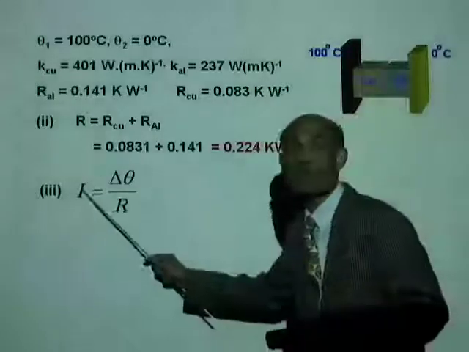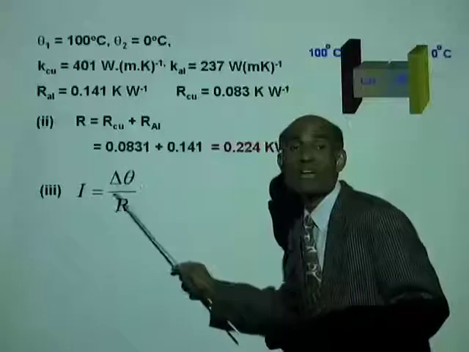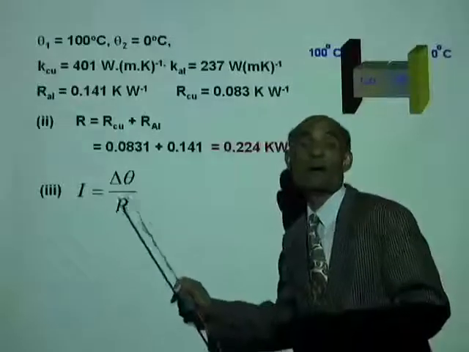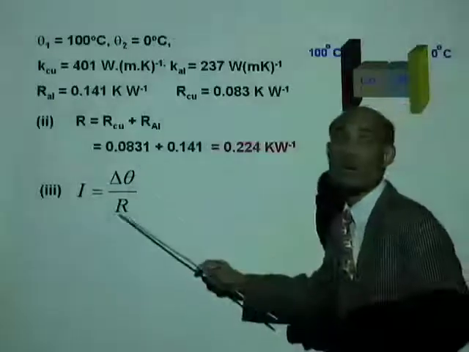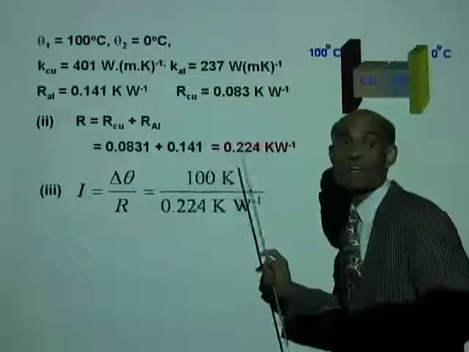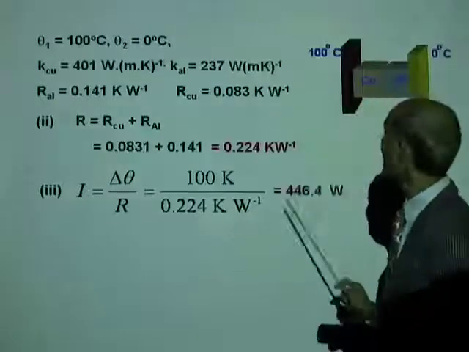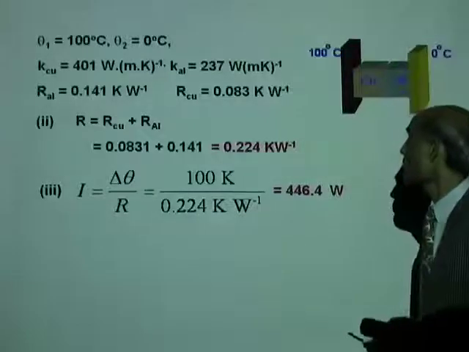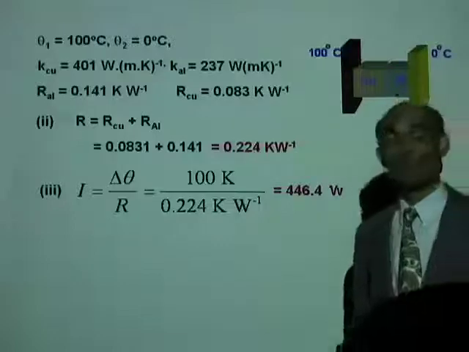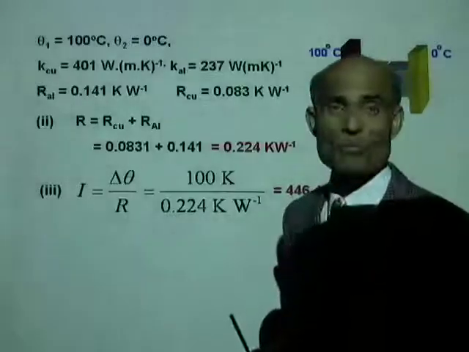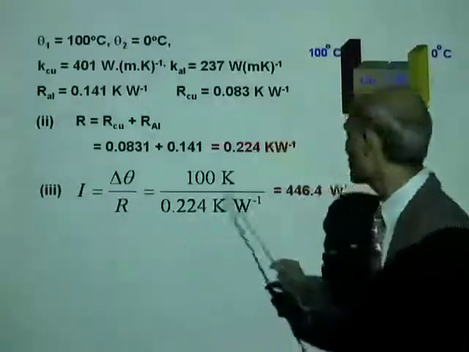The thermal current is delta theta divided by R. Delta theta is 100 minus 0. R we just calculated, and therefore I equals 446.4 watt.